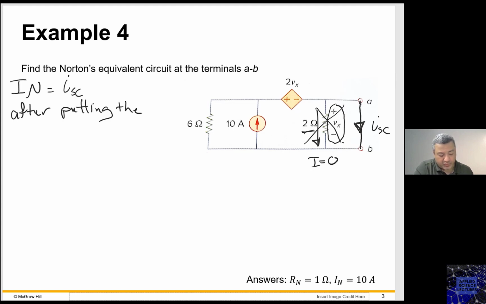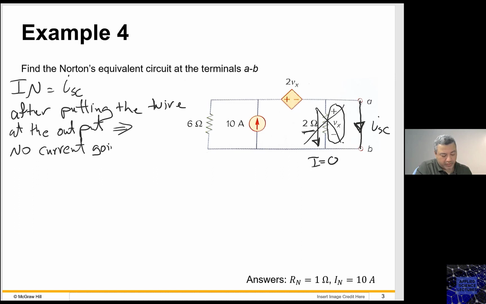After putting the wire at the output, there would be no current going through the 2 ohm resistor. Why?